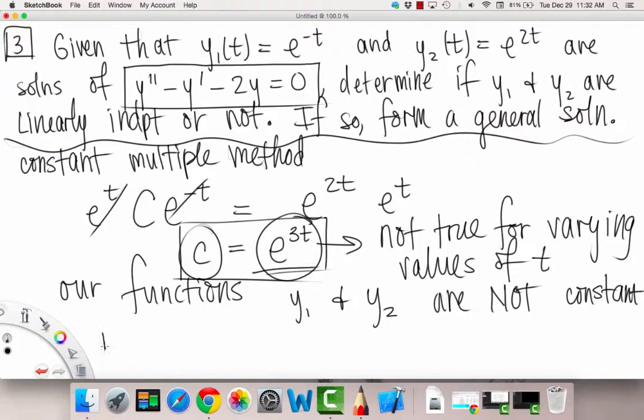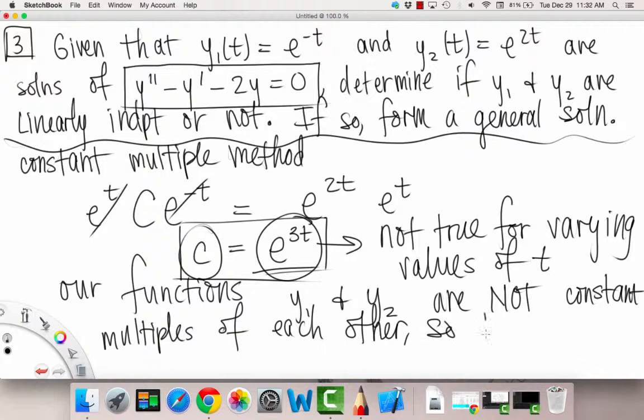So they're not constant multiples of each other, so they must be linearly independent. I'll abbreviate that LI, linearly independent. So that's one way we could determine that they're linearly independent.